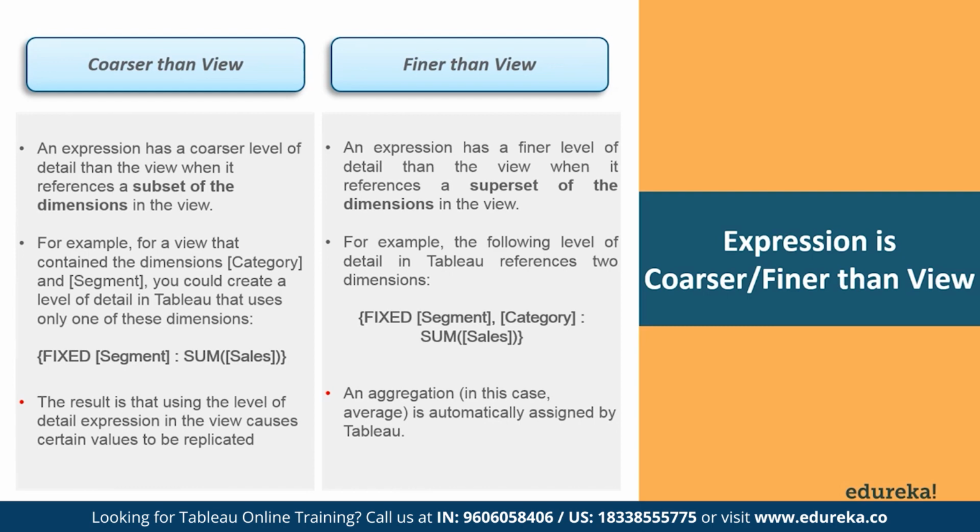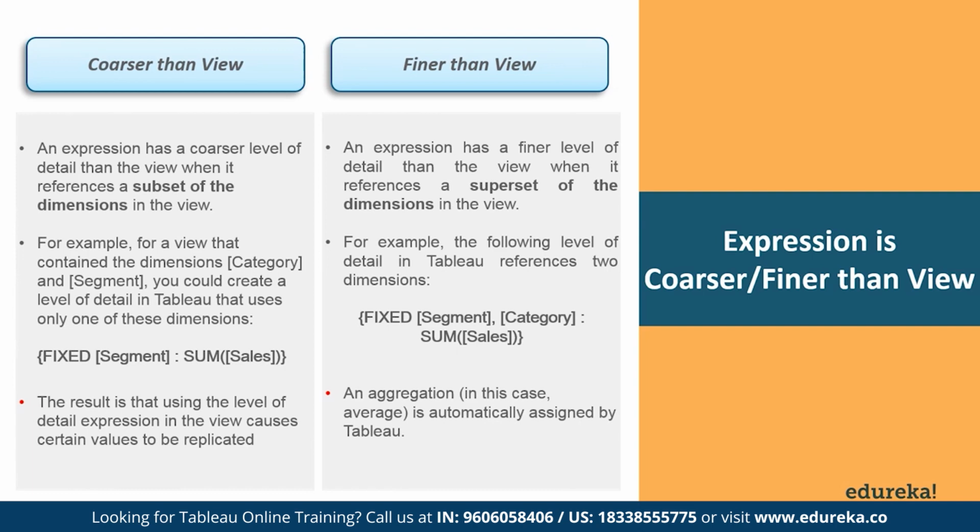So what do we mean by coarser or finer in this case? If I say the level of detail expression is coarser than the view level of detail, I mean that it references a subset of the dimensions of the view. For example, for a view that contained the dimensions category and segment, you could create a level of detail that uses only one of these dimensions.